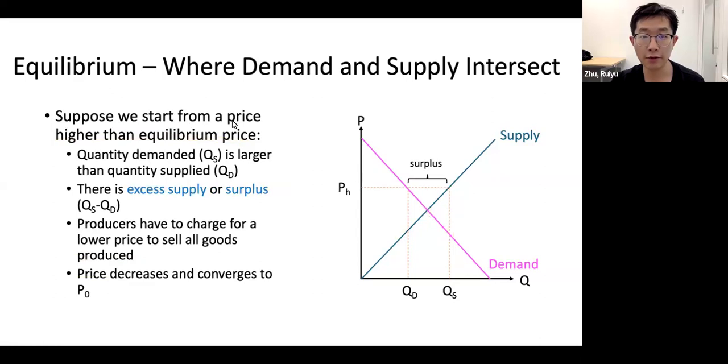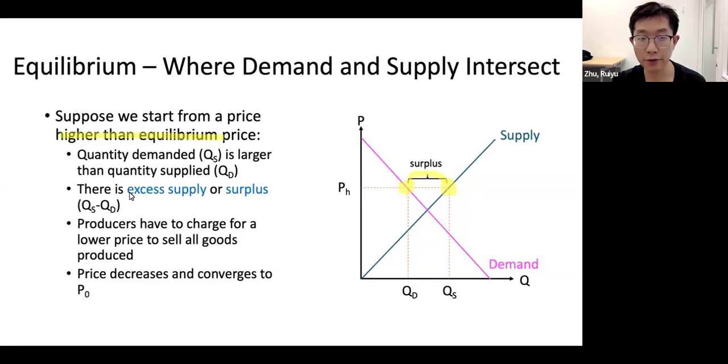Similarly, what will happen if we start from a price higher than the equilibrium price? If the price is high, the consumers will only demand a very low quantity. But producers are willing to produce a very high quantity. So there will be a difference between the quantity supplied and quantity demanded.